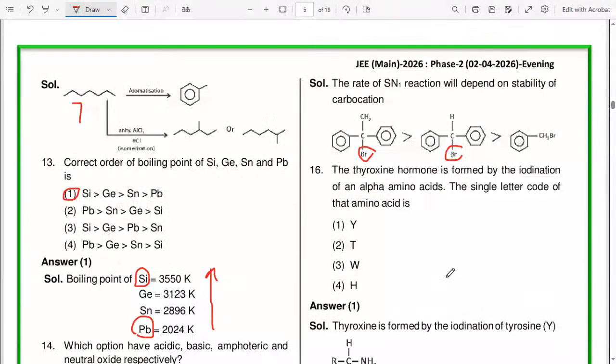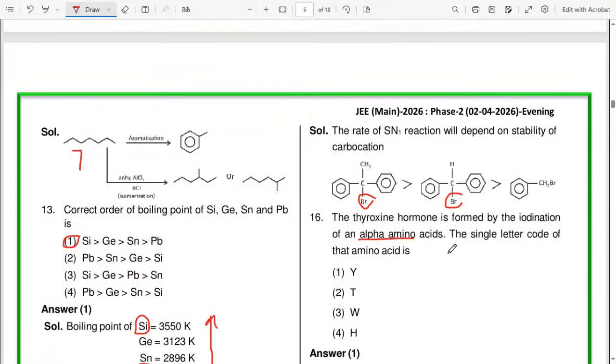The thyroxine hormone is formed by the iodination of an alpha amino acid, right? The single letter code of that amino acid is, so where do you get this thyroxine? Iodination of an alpha amino acid. This is tyrosine. So tyrosine is written with Y. So what is the tyrosine? Yes, this is tyrosine.